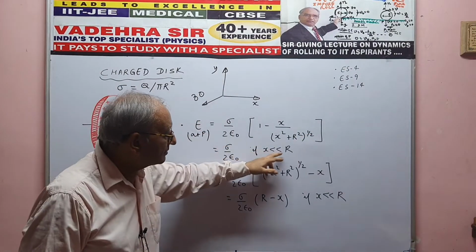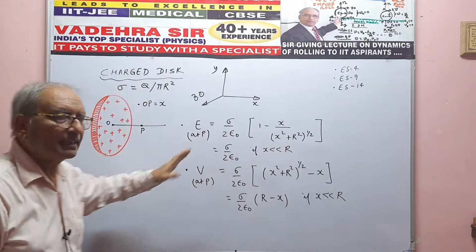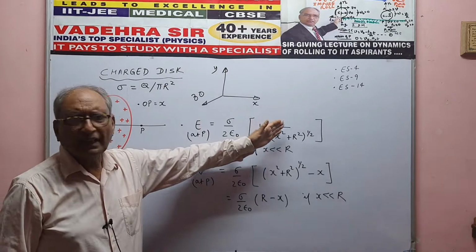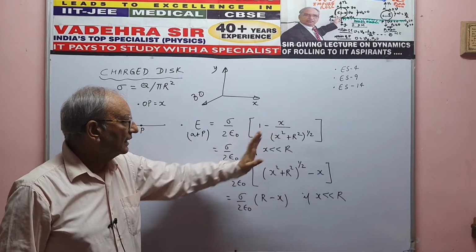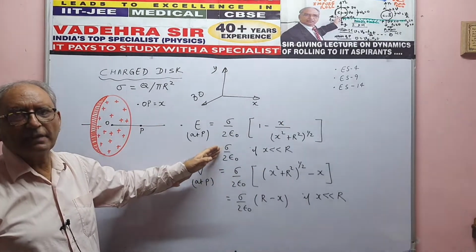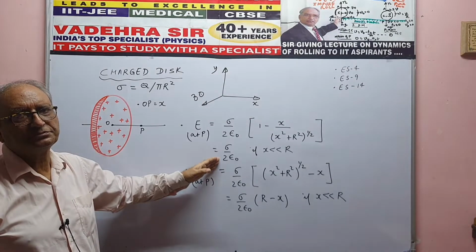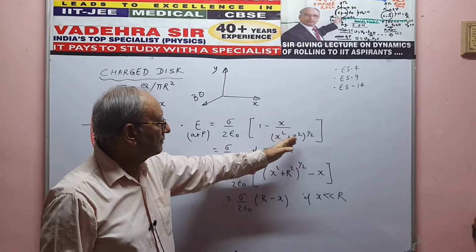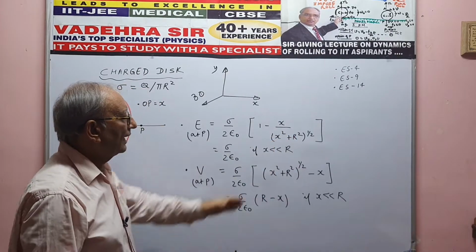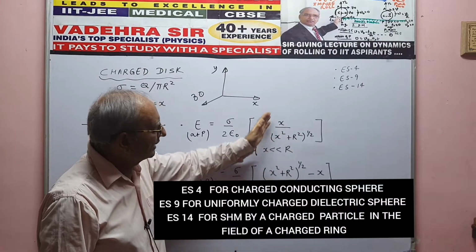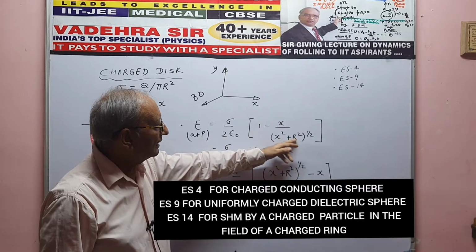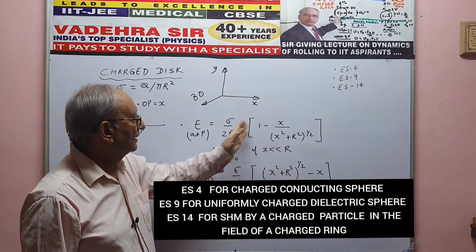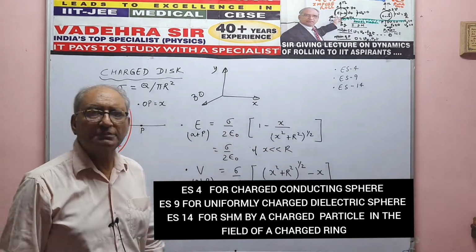Now, if x is much less than R, that means I am taking a point very close to the disk, then this x can be nearly neglected. So I can have sigma by 2 epsilon naught. Because here x would be neglected, x is very much less than R, so this will go, and R is very much bigger than x, so the denominator is too big for this, and I get the answer sigma by 2 epsilon naught.